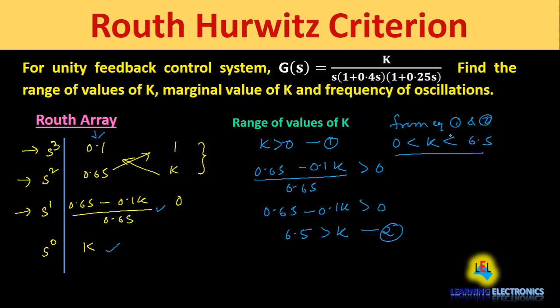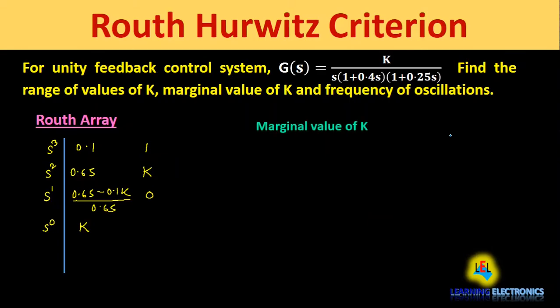Now we have to find out the marginal value of k. As I have explained, to find out the marginal value of k, there must be a row of zeros in the Routh array, but we cannot make the s to the power 0 row a row of zeros. So we will make the row of s to the power 1 a row of 0. To make this row of s to the power 1 a row of 0, we have to keep this value equal to 0.